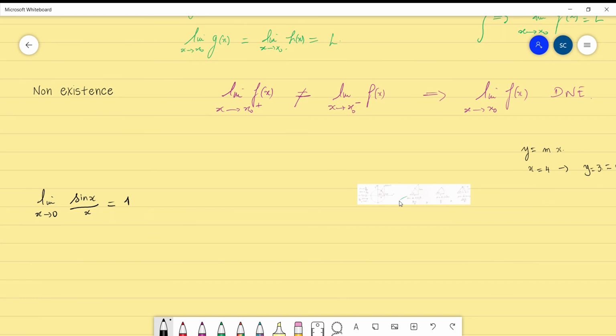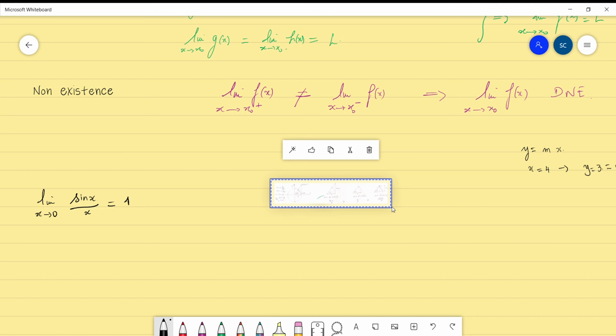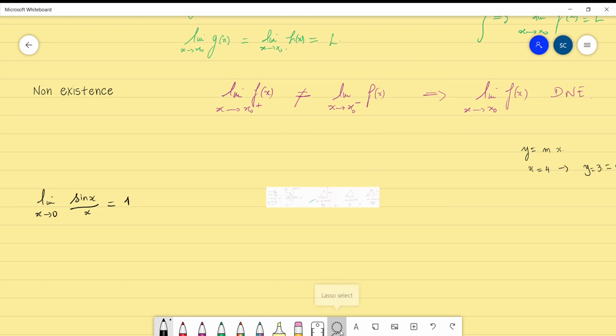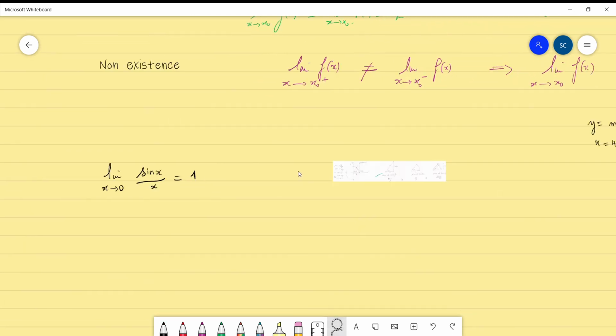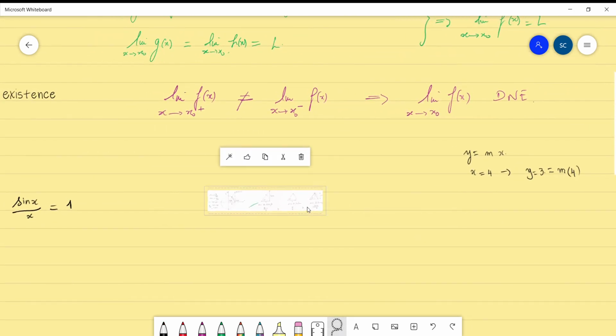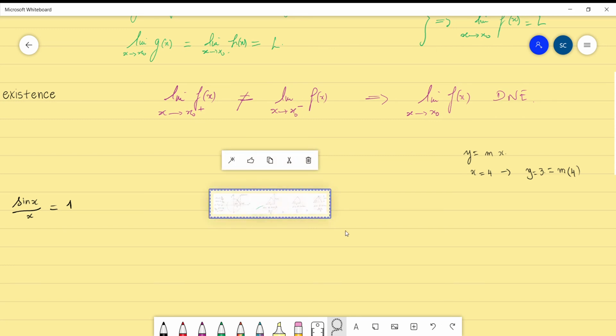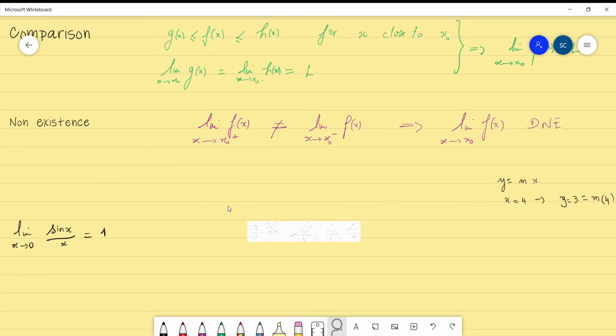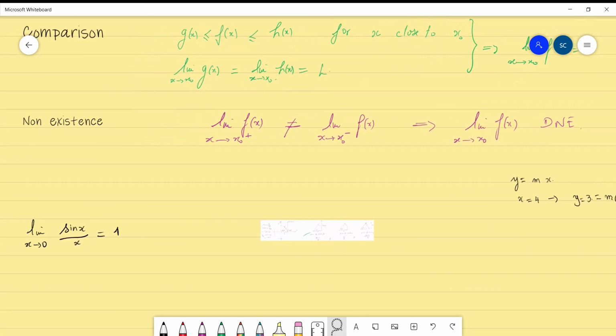It uses the theorem. So let's make this bigger. Sorry. I wanted to give you an idea how it works.